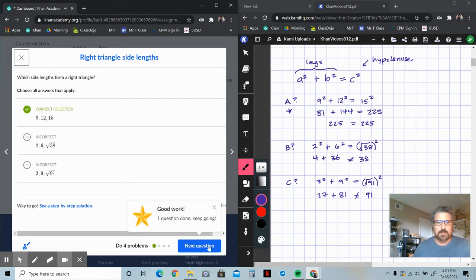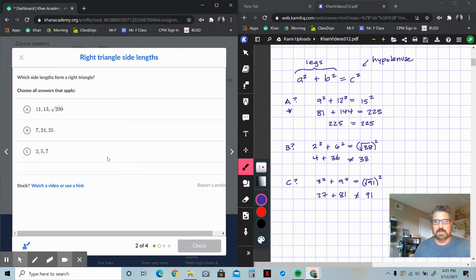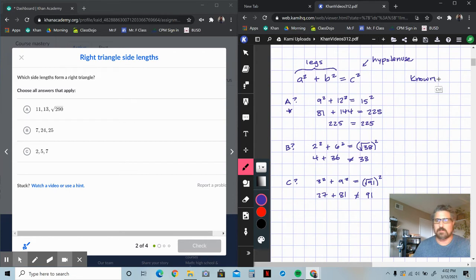Okay. Now, before I get into this next one, I want to remind you guys of some of the known right triangles that you can be looking for real quick to make things easy for yourself. The really common, well used right triangles are the following. You're looking for 3, 4, 5 or a multiple thereof.